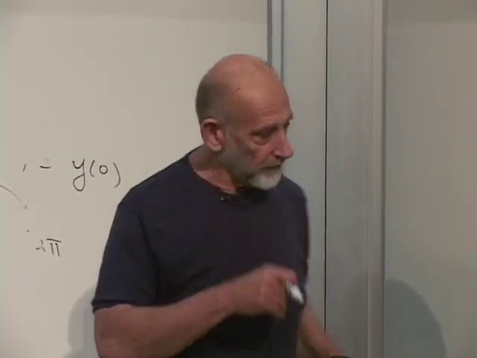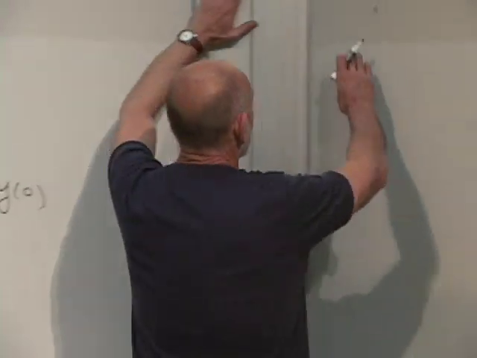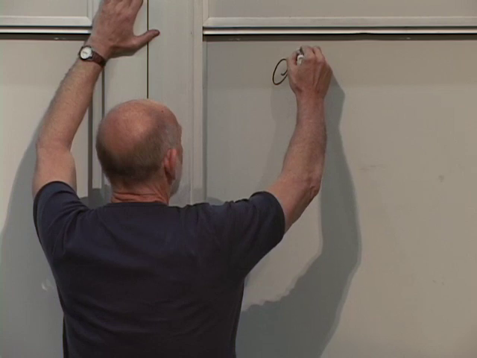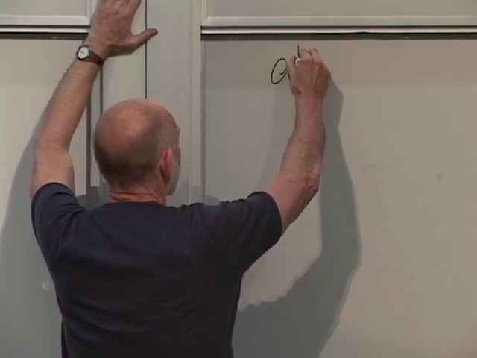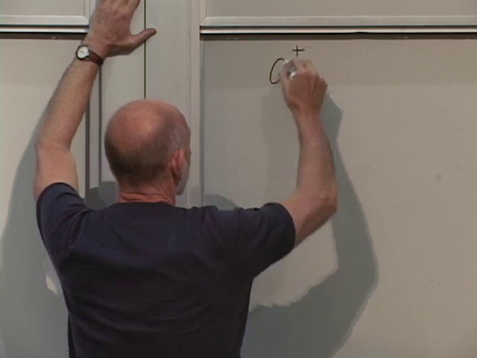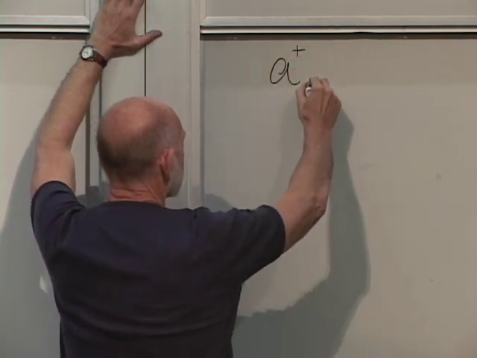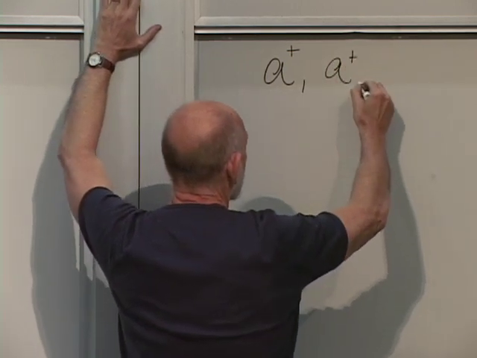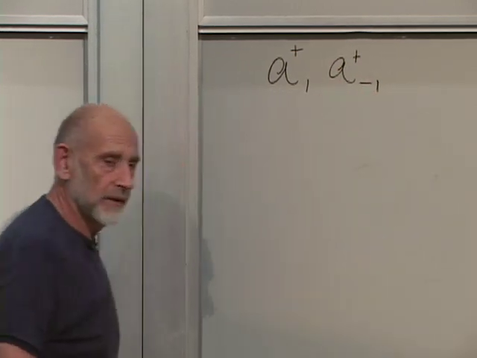Let's go to the next level. Let's see what's at the next level. We can take A plus 1 times A plus minus 1.